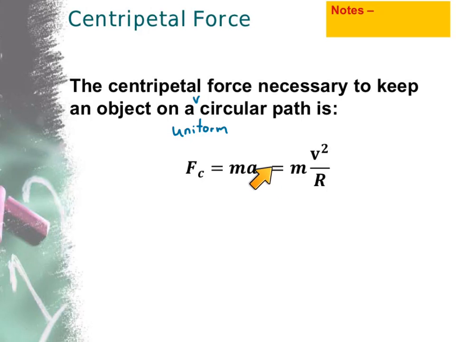And we know from our last lesson that centripetal acceleration equals v squared divided by r. So you could use Fc equals mv squared divided by r. That would give you the centripetal force you need to keep an object on a uniform circular path.